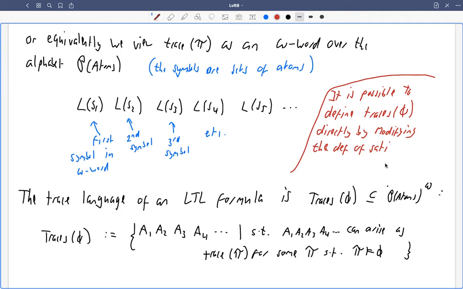What is possible to do is to define the satisfaction relation directly between traces and formulas rather than between paths and formulas. So modifying the definition of satisfaction, and I shall put some slides on the web page that do that. They don't need to be part of the lecture.